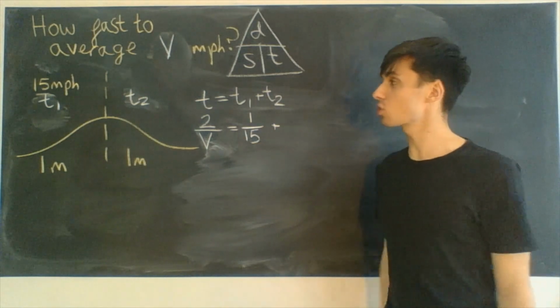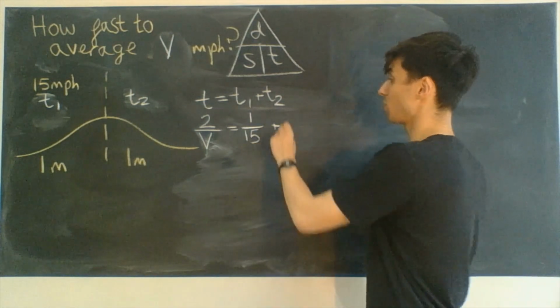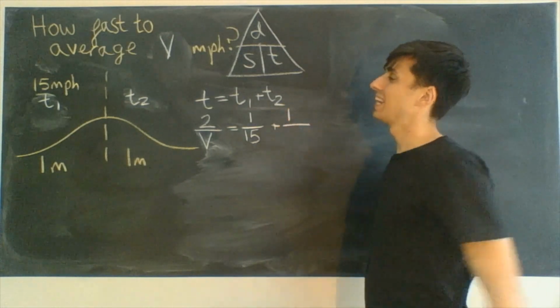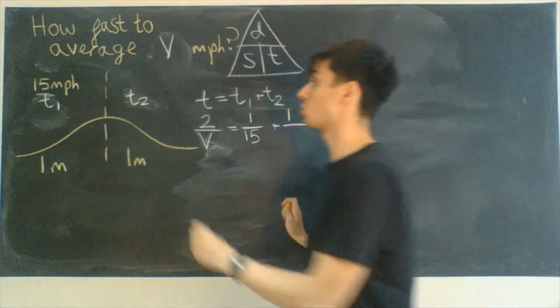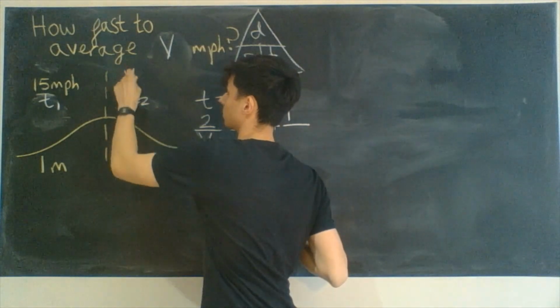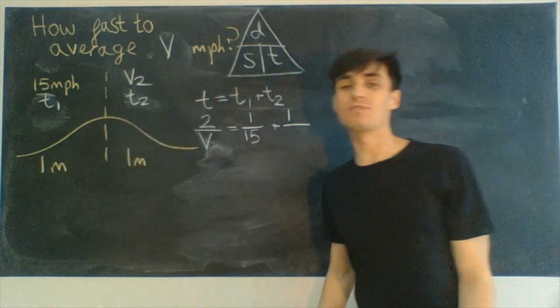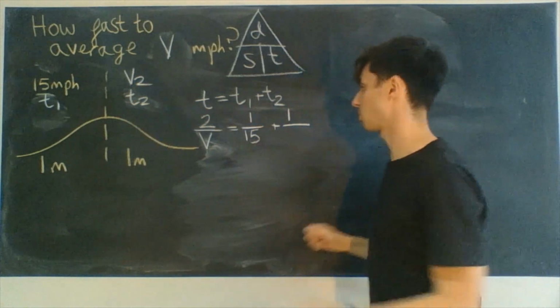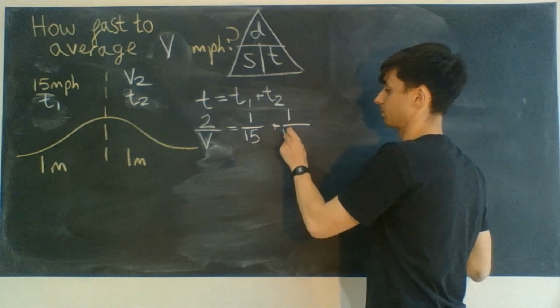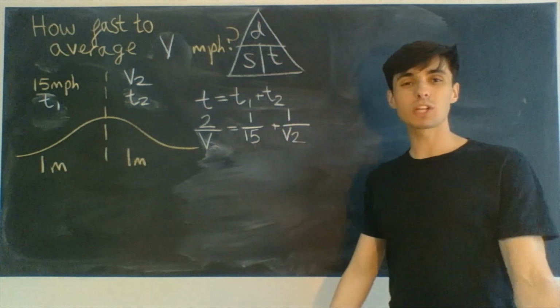And for t2, well, the distance again is 1. And the speed for the second part of the journey, we need to actually give ourselves a new variable here. We're going to call it v2. So that's the speed for the downhill, the second part. Great, this looks pretty good then at the moment.